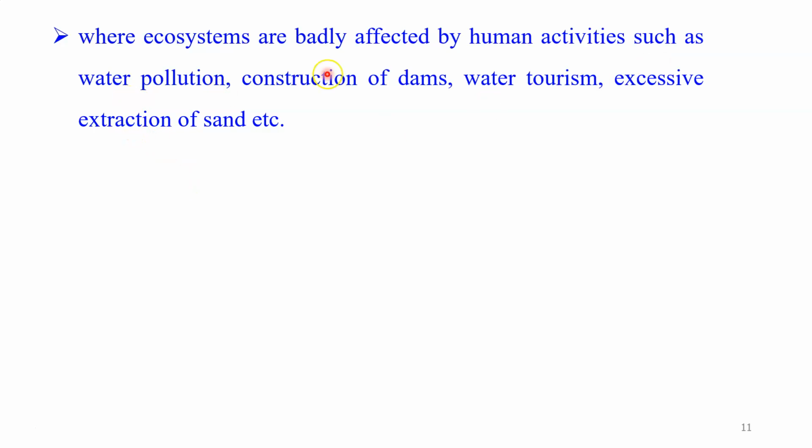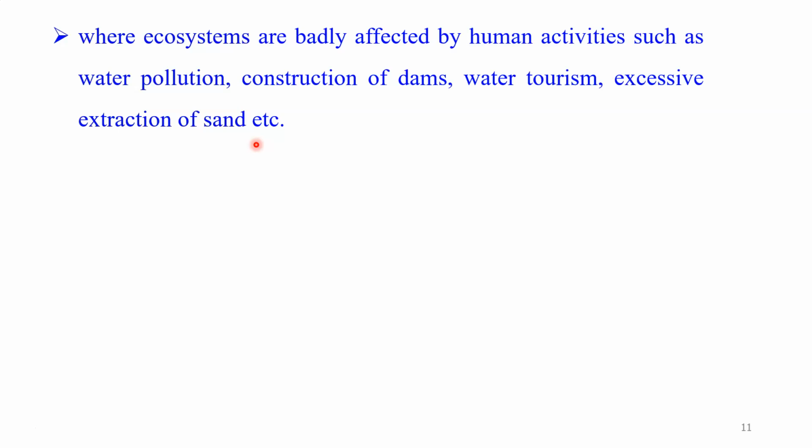Water pollution is one of them, along with the construction of dams, water tourism, and excessive extraction of sand from the riverbed, which is used in the construction of various buildings. Therefore, these things are not good for the sustainability of the river ecosystem.